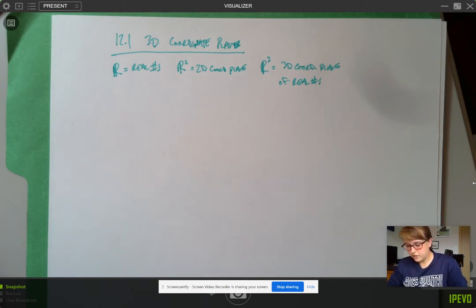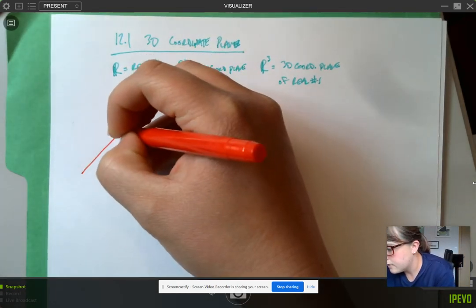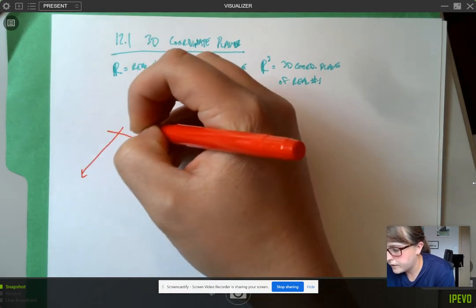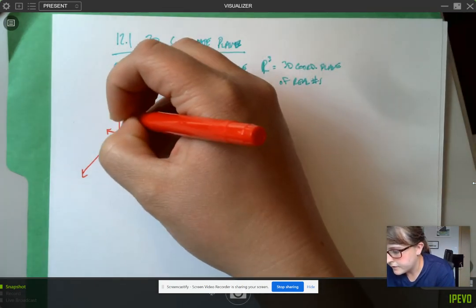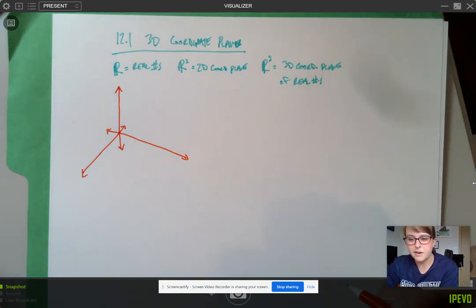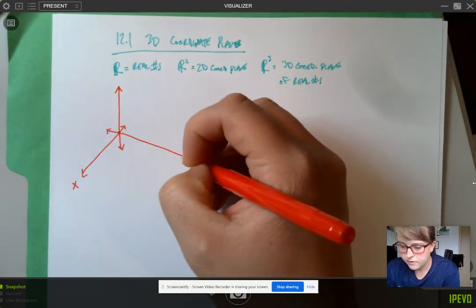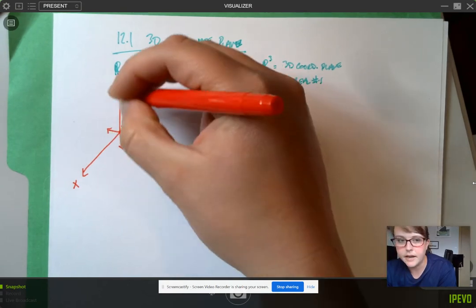Anyways, so what it typically looks like when we draw the three-dimensional coordinate plane. Grab another color here. So you've got your XY plane down here, crossing there. And then we've got the z-axis right here. So it's going to be an x, y, and z for our coordinates. So we have the x-axis, the y-axis, and the z-axis.